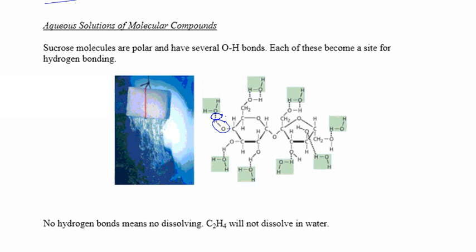So since like dissolves like, the hydrogen bonding in the water and the hydrogen bonding in the sugar crystal will cause the sucrose molecule to break apart. If you don't have hydrogen bonds, then there is no dissolving. So C2H4 will not dissolve in water because it doesn't have hydrogen bonds and it is a nonpolar substance.